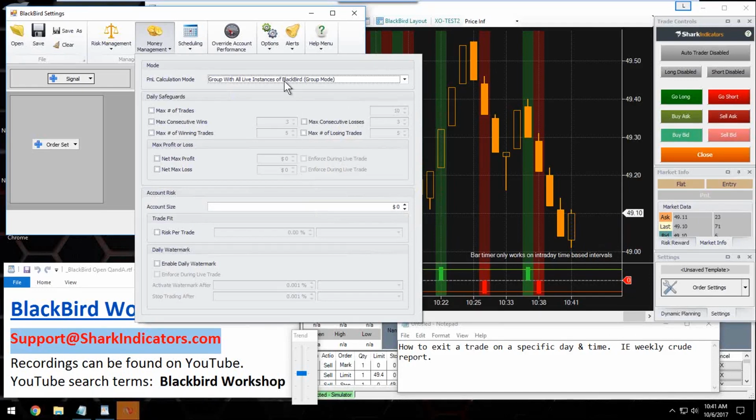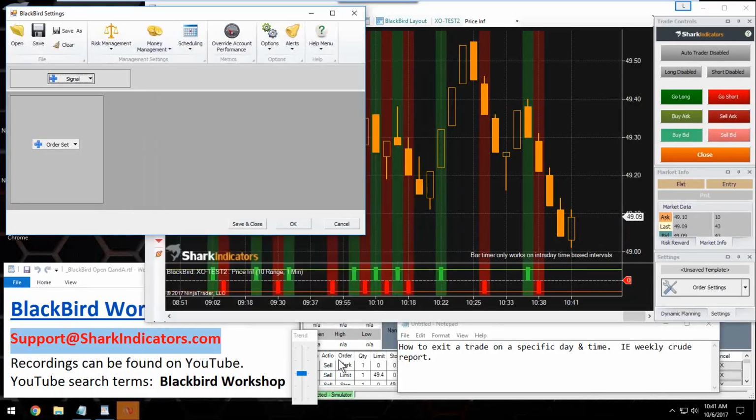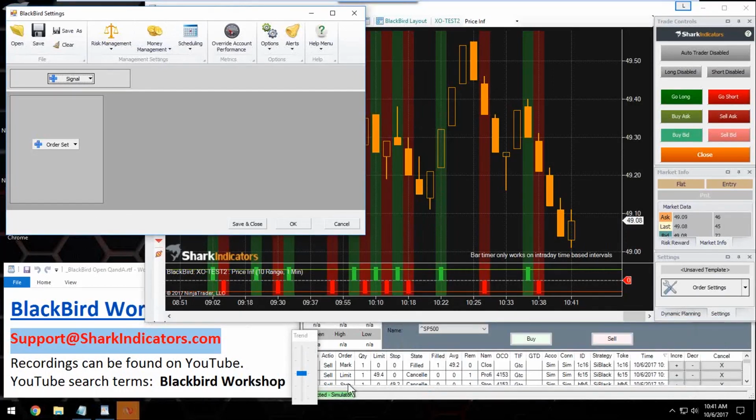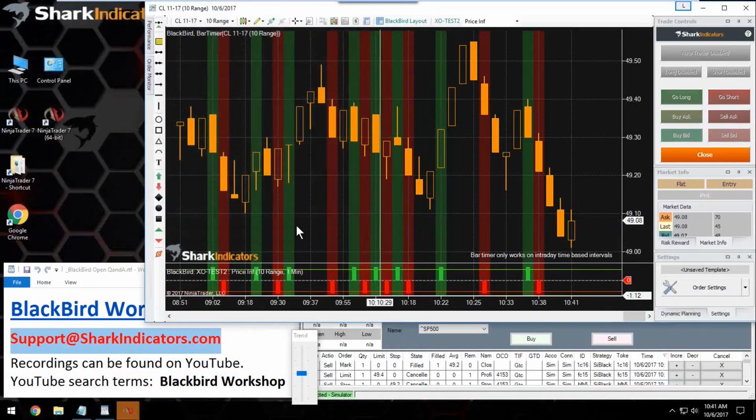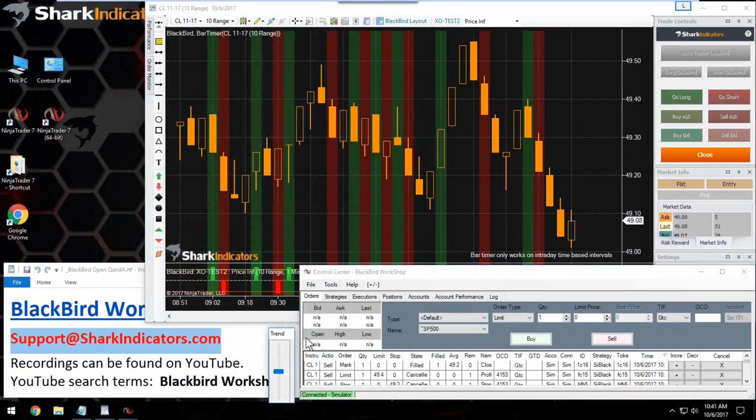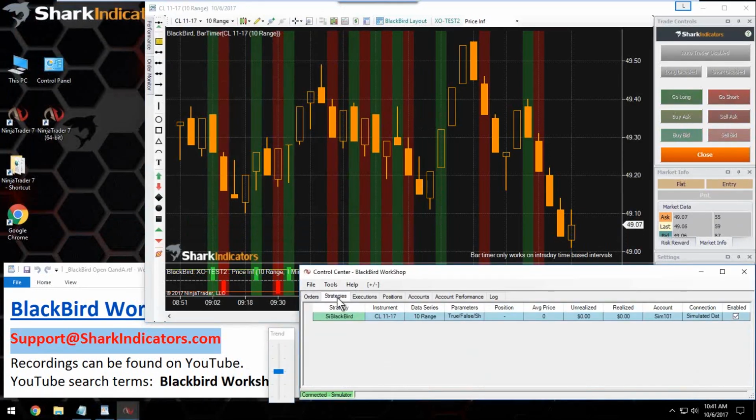So let's say, I guess a practical example would be, I gotta close that out here. If we go to our strategies tab, right, you can have multiple BlackBirds running on different instruments. So let's say you're trading oil and gold and the ES, right? You can have BlackBird add your profits and losses together for all three instruments.